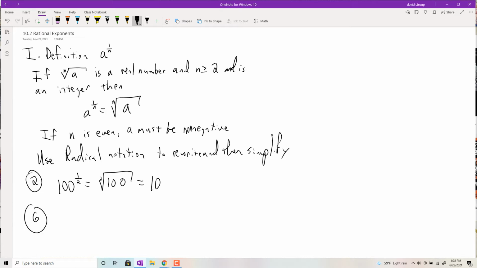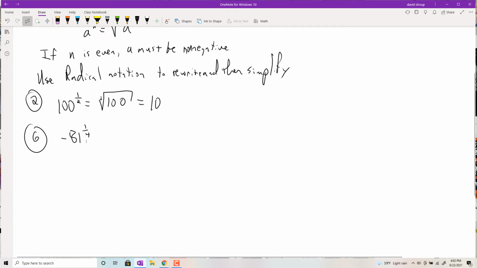Number 6, negative 81 to the 1/4. Okay, one issue here is you might think, well, I can't do that because negative 81 is negative, but that's not true. The base is actually positive 81. So negative 81 all in parentheses would be the whole base to the 1/4.